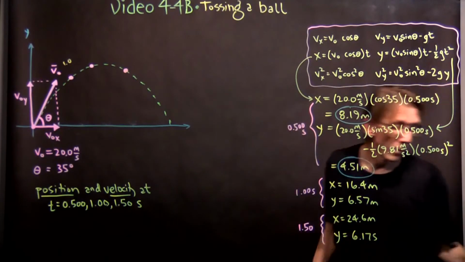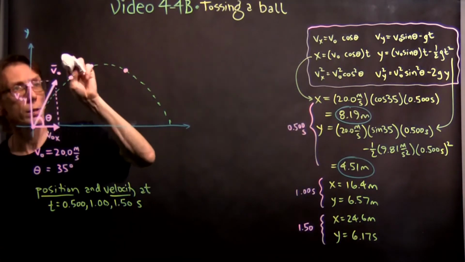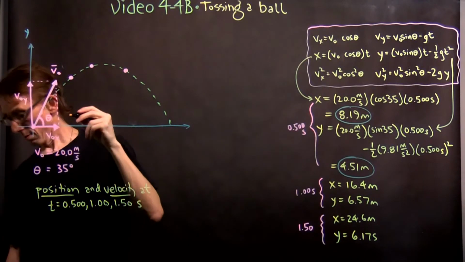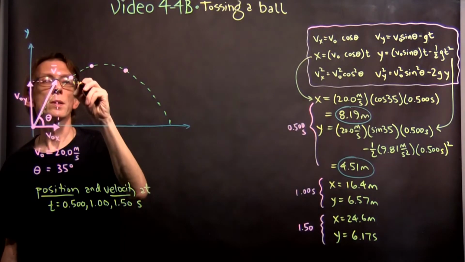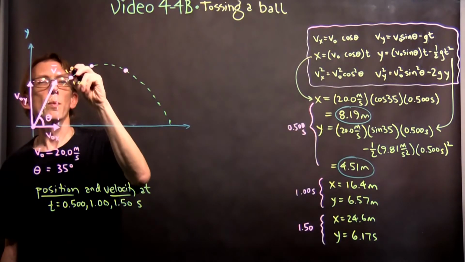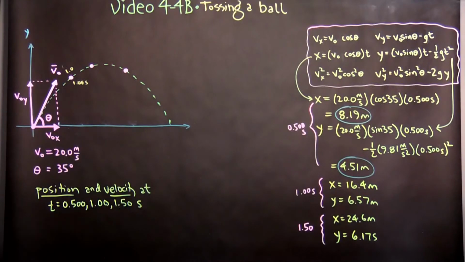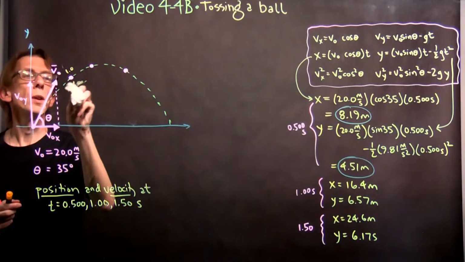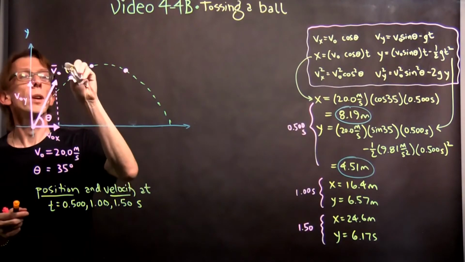It's like mistakes on parade here. Let's see, this should be, there goes my cap. Actually, I'm going to write it up here. One day I'm going to get it right. I'm going to get my head screwed on straight.